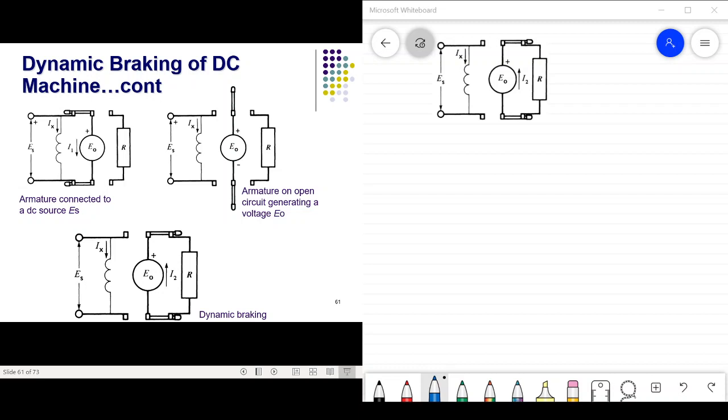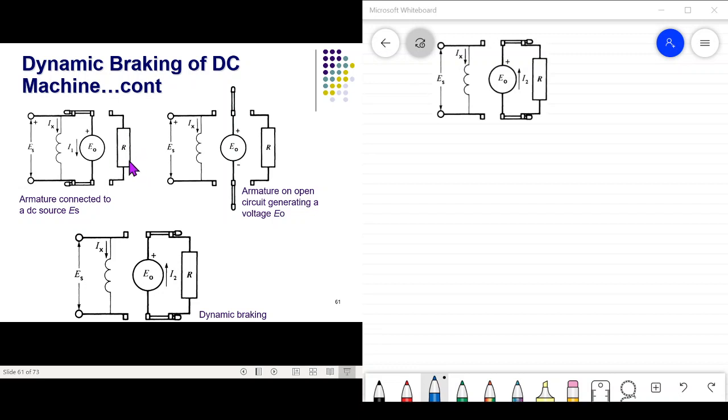Now we consider a shunt motor, whose field is directly connected to a source ES, and the armature is connected to the same source ES by means of a double throw switch. The switch connects the armature either to the line or to an external resistor R.